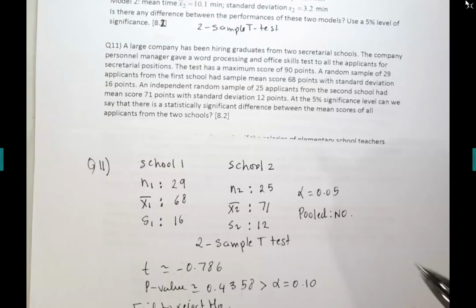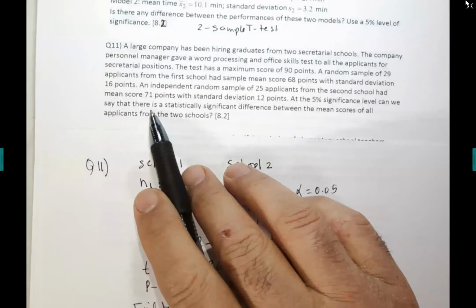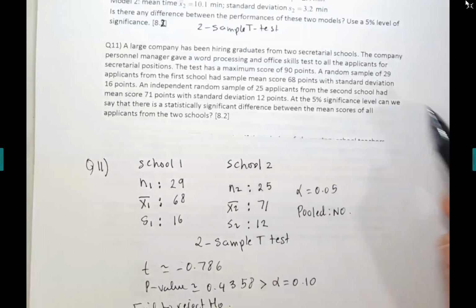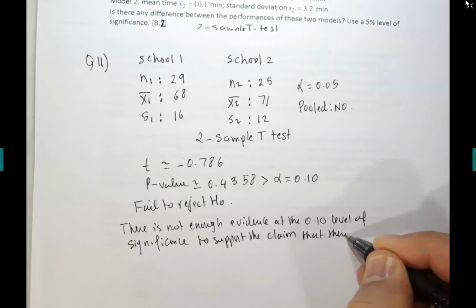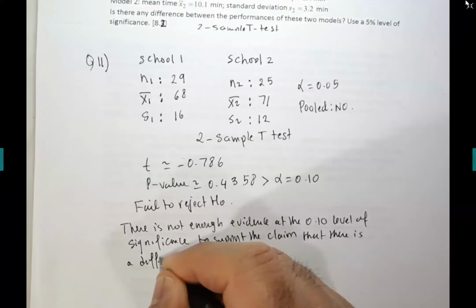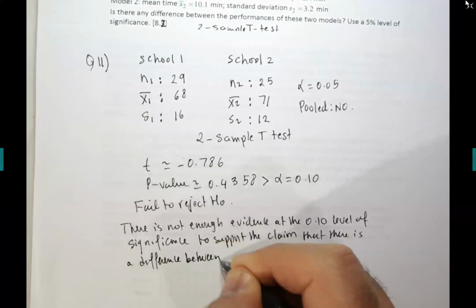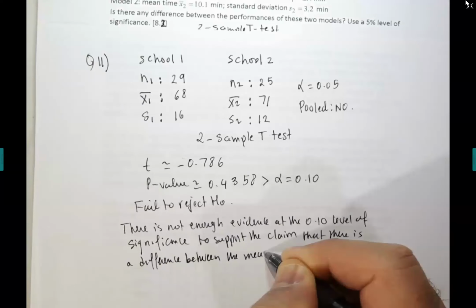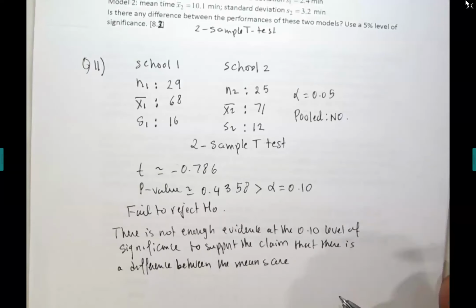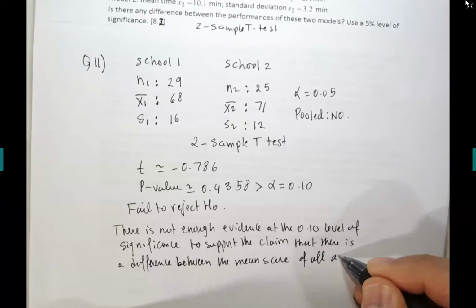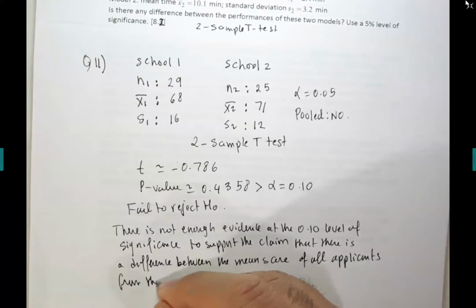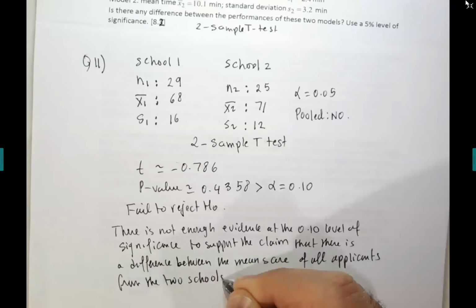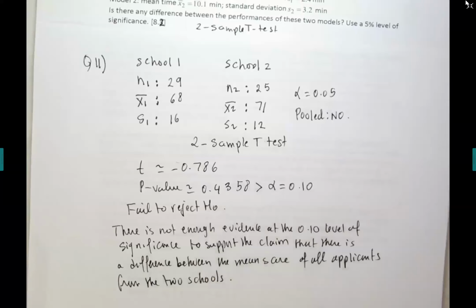Here, it's right here. Can we say that there is statistically significant difference between the mean scores of all applicants? So to support the claim that there is a difference between the mean score of all applicants from the 2 schools. That concludes chapter question 11, guys. If you have any questions, please ask me.